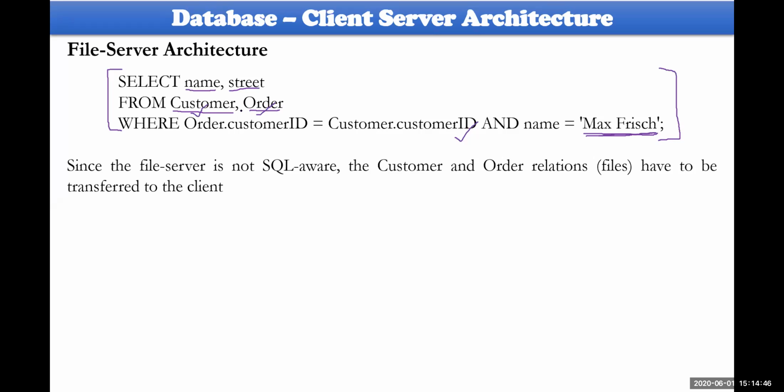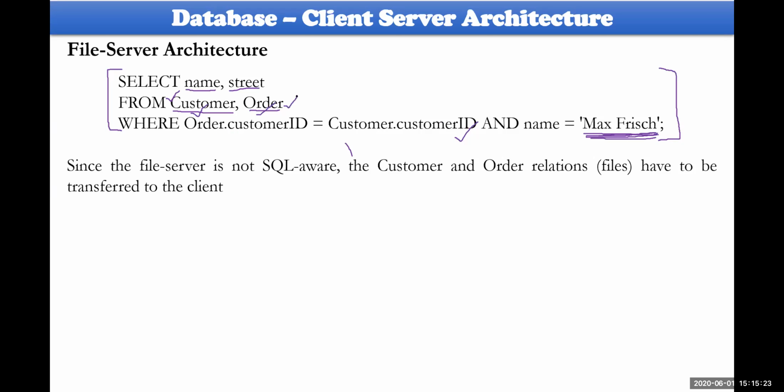The client wants to know how many orders this particular person has made, that is, how many orders have been placed by Max. That is the question here. We have some 1,000 customers, and all these 1,000 customers have made many orders. Let me say 10 lakh rows will be there in the order table.